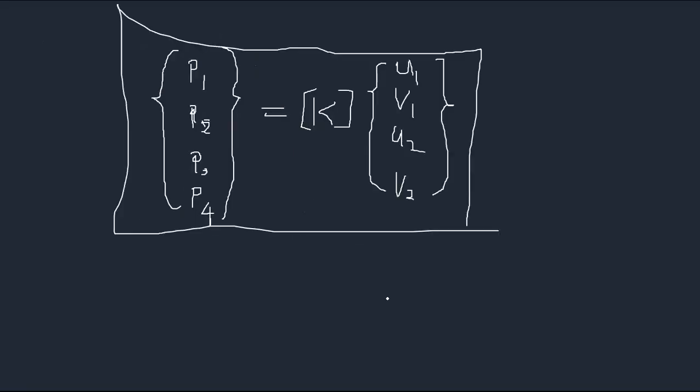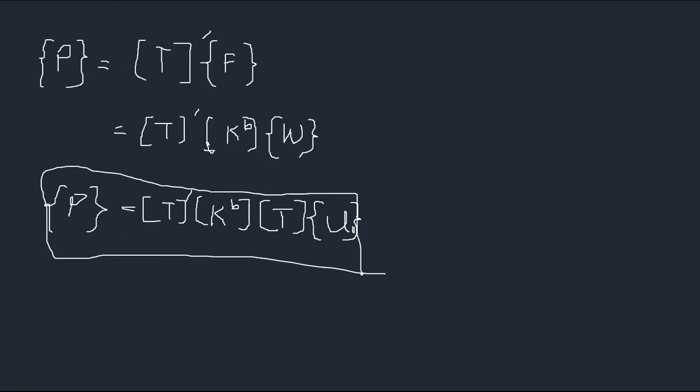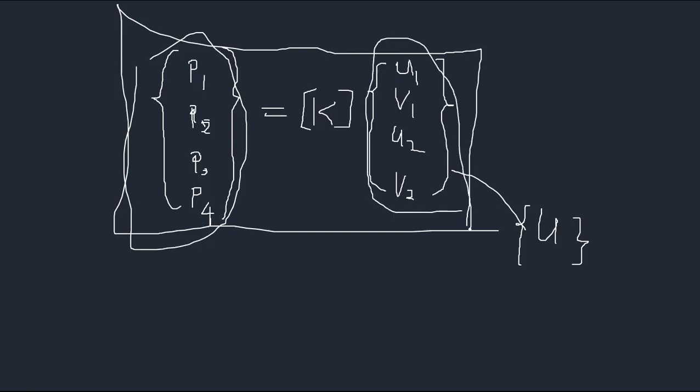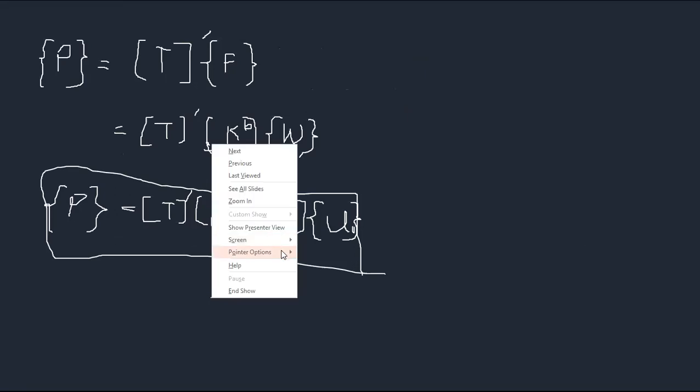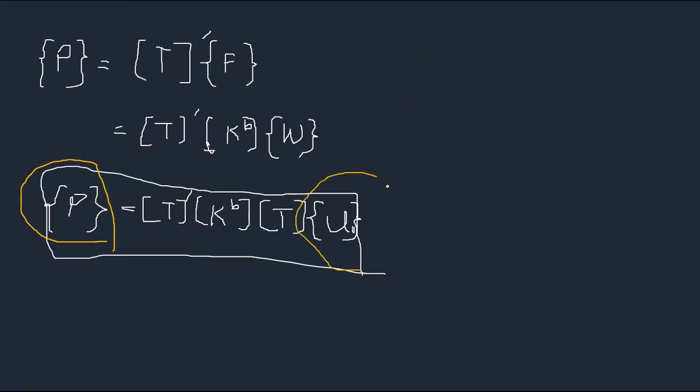Actually, this is the U matrix. I'll call this U even if it has U and V components. Then you can see this part is exactly like this: P is equal to some matrix into the U matrix, and the remaining is K. So you separate P and U, and the remaining is the stiffness matrix you need.